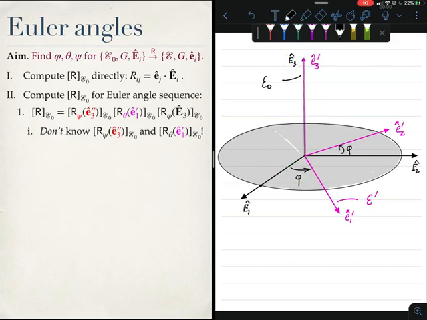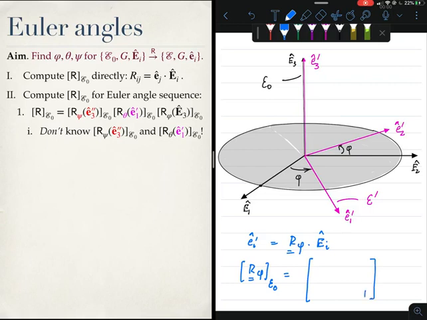Okay, so this is the equation that we have written down, that Ei prime is equal to R phi dot Ei. Now what this means is that if you go back to the earlier part of this lecture, you would find that the rotation tensor R phi in the coordinate system E0 is simply a two-dimensional rotation about E3.